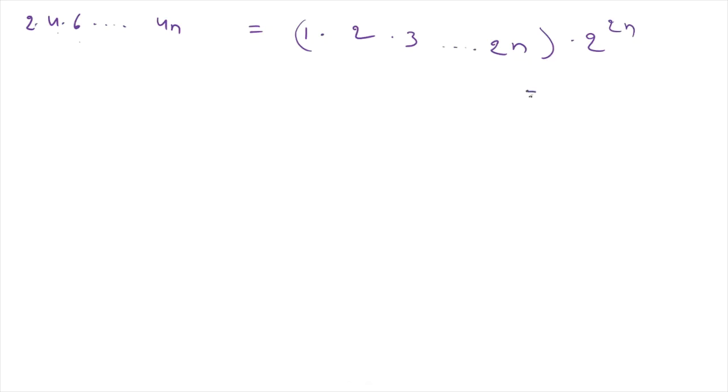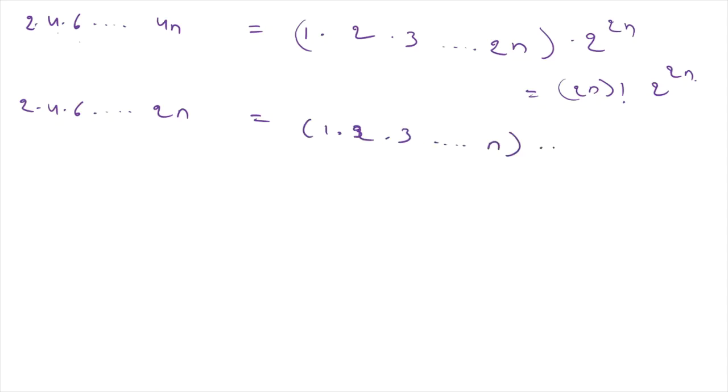So this I can write as 2n factorial times 2 power 2n. And in the denominator I have 2 times 4 times 6 so on up to 2n, which I can write as 1 times 2 times 3 so on up to n times 2 power n.